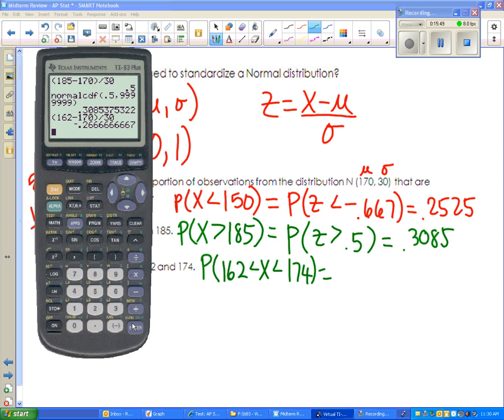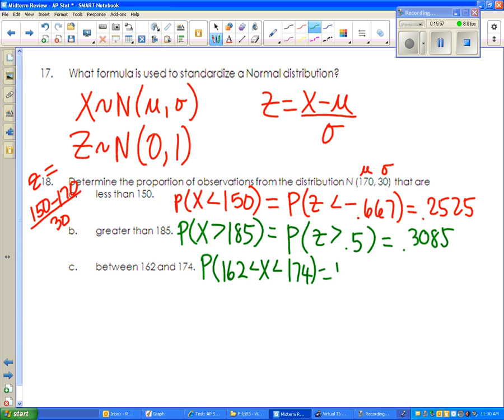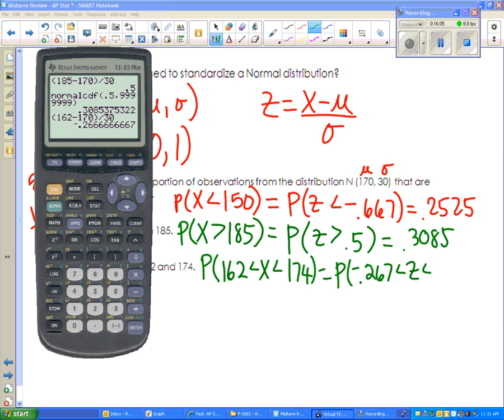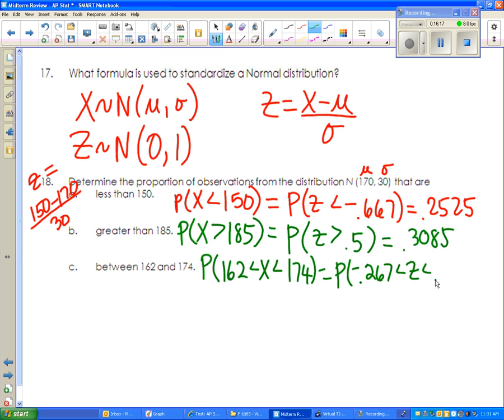Did I do that right? 162 minus 170. Yeah. Then for the upper bound, we're looking at 174. So 174 minus 170 divided by 30 is 0.1333, sorry.